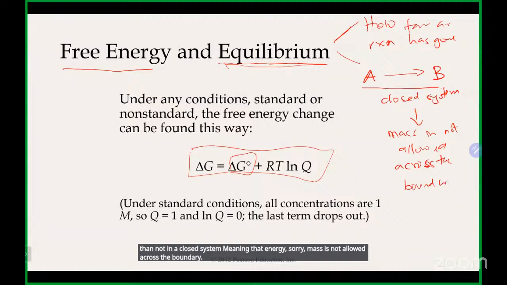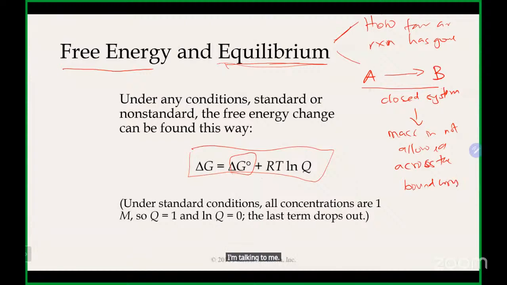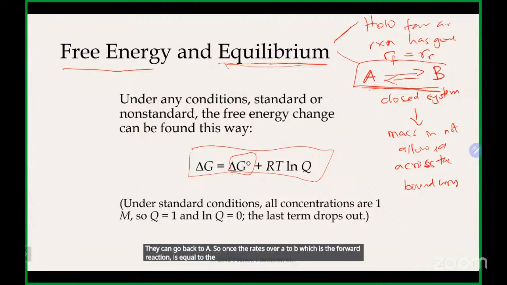So A goes to B in that closed system. Because it's a closed system, B can go back to A. So once the rate of A to B, which is the forward reaction, is equal to the rate of the reverse reaction B to A, you say an equilibrium is achieved.